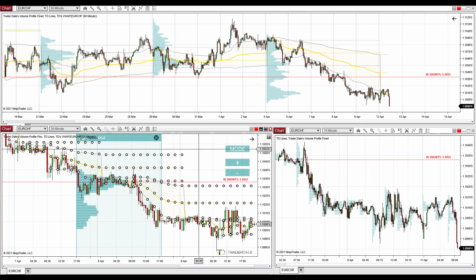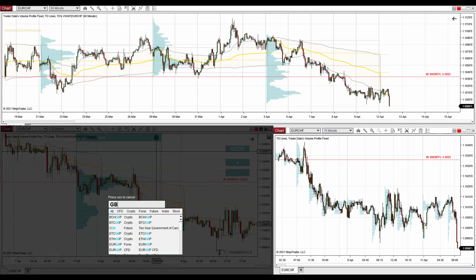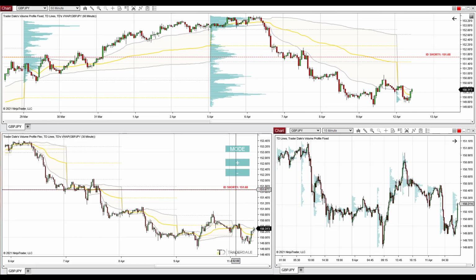Now let's go into the next trading idea, which is the British pound Japanese yen. So this is the British pound Japanese yen, and as you can see, there was a downtrend last week. When there is a downtrend, I like to look for significant volume clusters to trade from. There was this one, and the price already reacted to it in here.